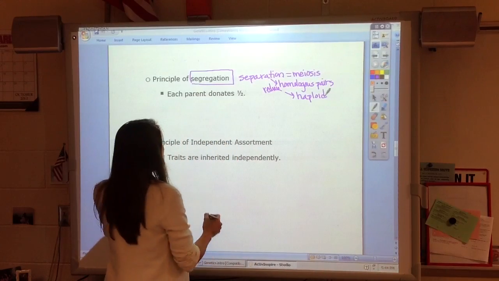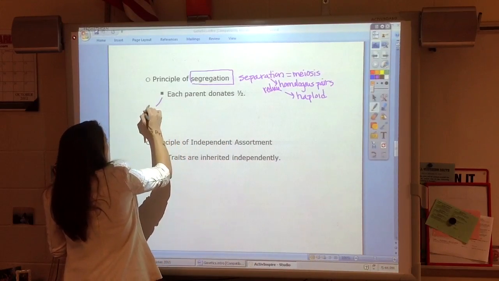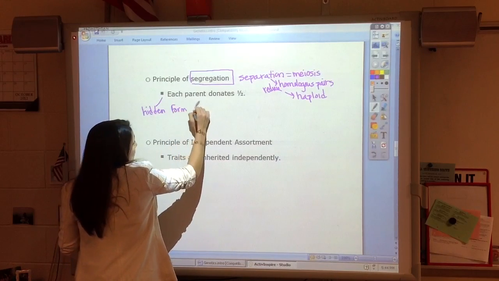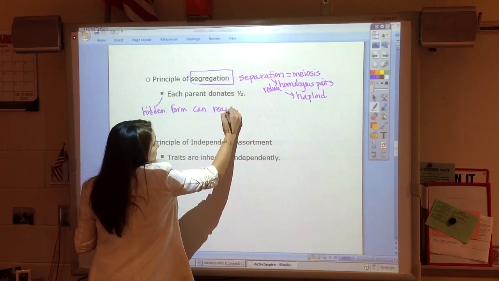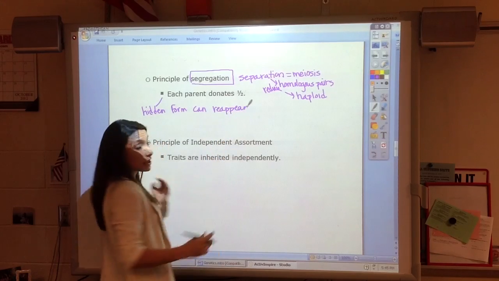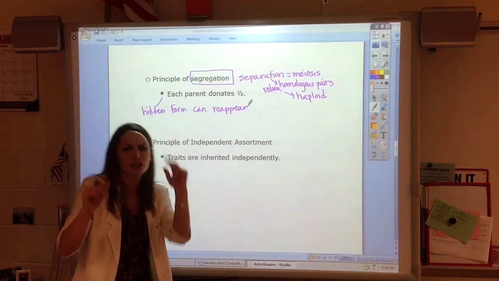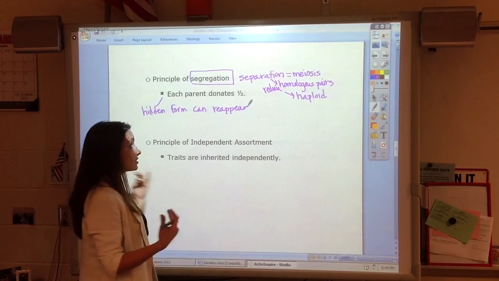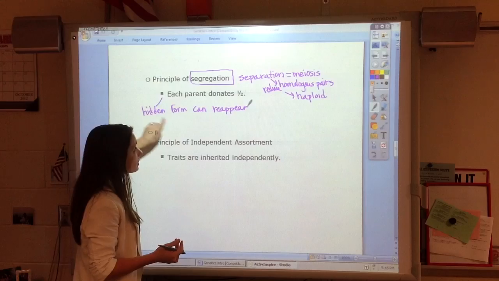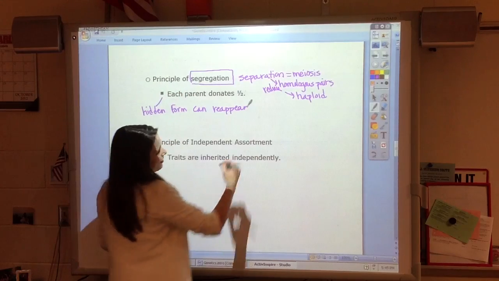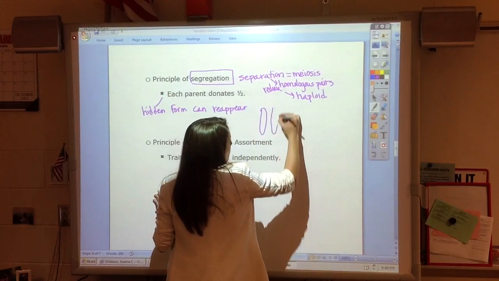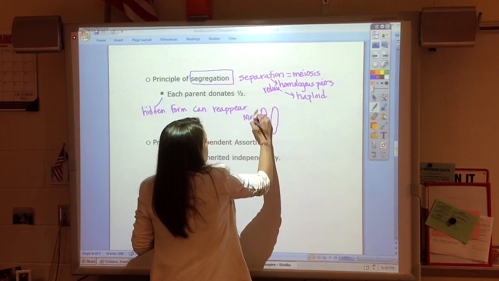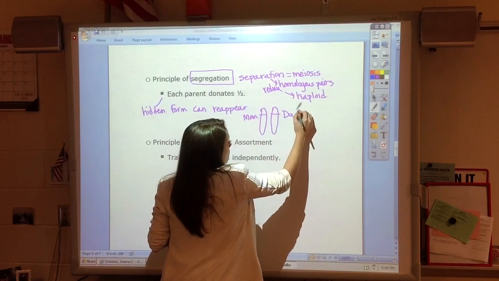half. He knew this because the hidden form can reappear. So it didn't disappear, it didn't stop to exist, it wasn't destroyed by the stronger form. It was still there, and it could be passed on. And so this principle of segregation we understand as those homologous chromosomes, that you got one from your mom, and you got one from your dad.